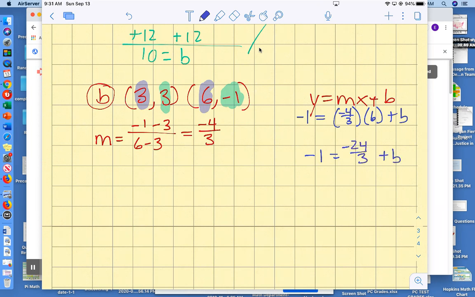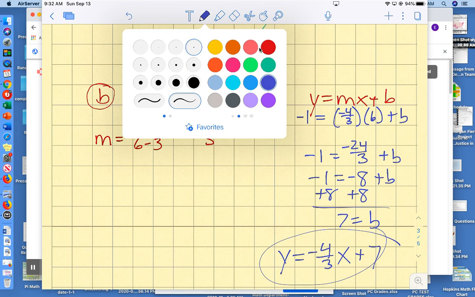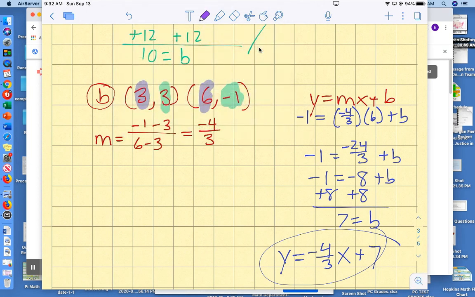Well, -24 over 3 is -8. So if we add 8, we have 7 equals b. So our final equation is y equals -4/3 x plus 7. And we would have gotten the same thing if we had used that other coordinate.